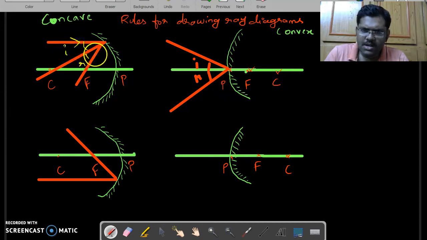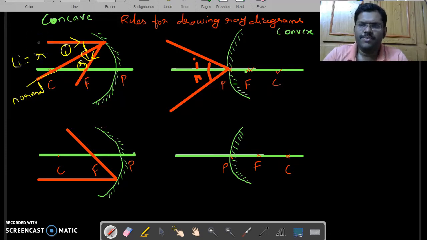This is the incident ray, this is the reflected ray, and the line drawn from the center of curvature is taken as a normal. The angle from the normal to the incident ray is taken as the angle of incidence, and the angle from the normal to the reflected ray is taken as the angle of reflection. In this case, angle I will be equal to angle R.